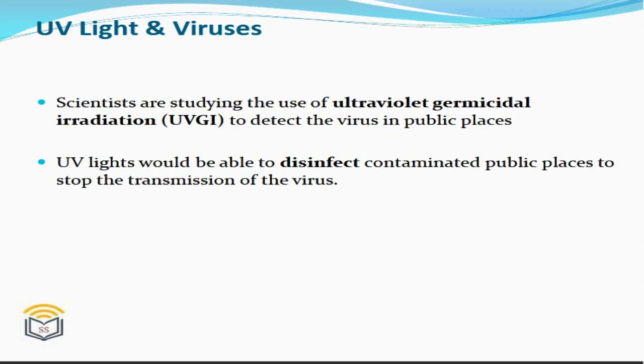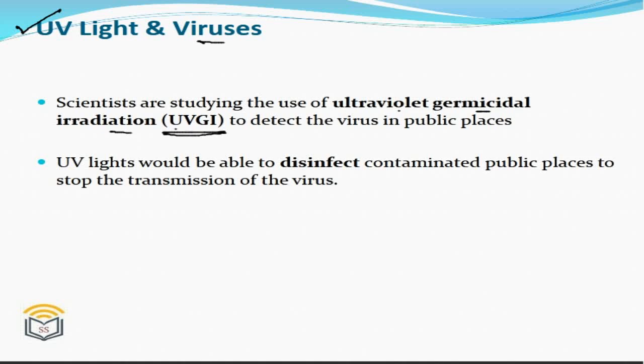So in this topic we will see UV light and viruses. What is the effect of UV light on viruses and what is the recent development? Basically, scientists are studying the use of ultraviolet germicidal irradiation, or in short UVGI.